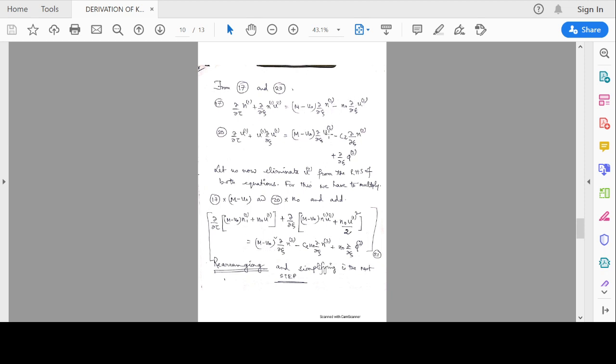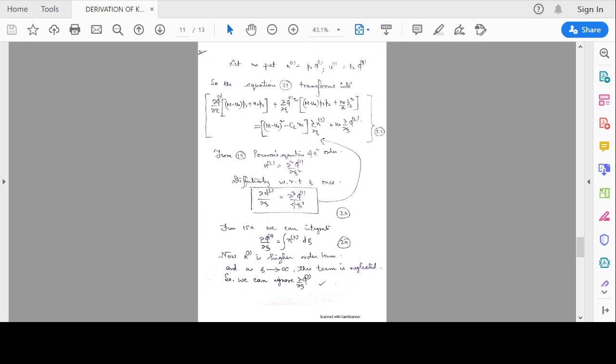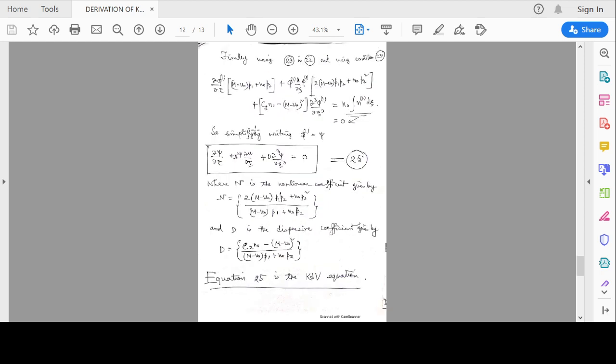Multiply this, and I told you to eliminate this velocity component because velocity is not in our equation, that is the third equation. It's only with the density, so just eliminate this velocity and finally use your boundary conditions or the long wavelength approximation, where you find this as a form of KdV, and finally you simplify it in this form. So this is your KdV equation.